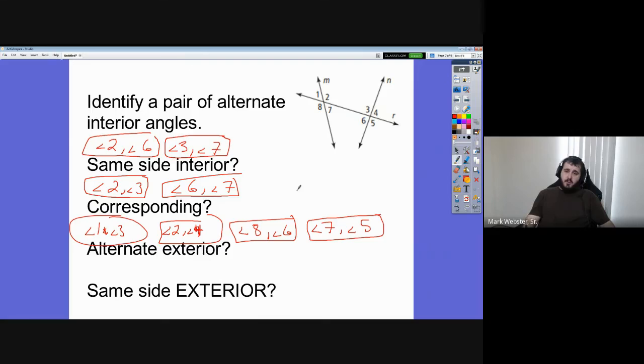Alternate exterior, once again, they're on the exterior and on opposite sides, like 1 and 5. Or angle 8 and angle 4, right?